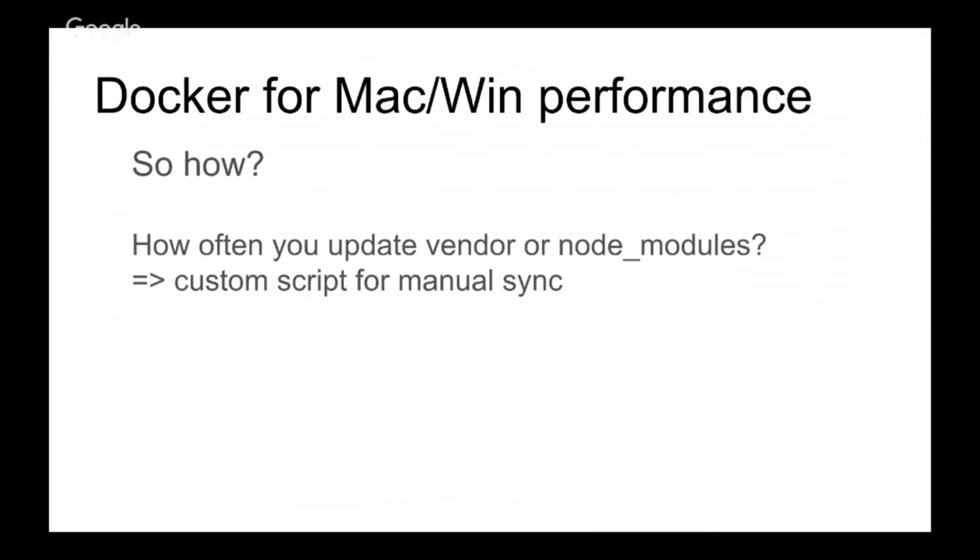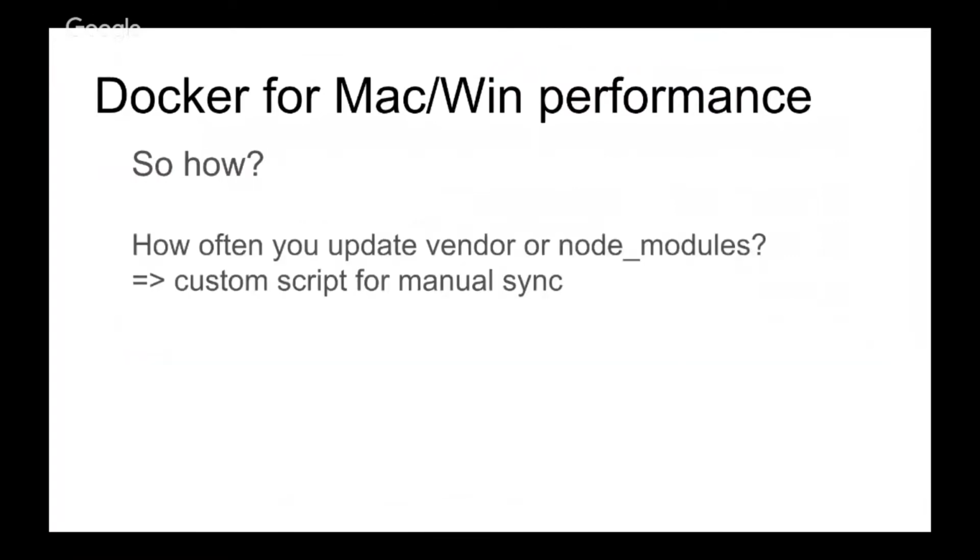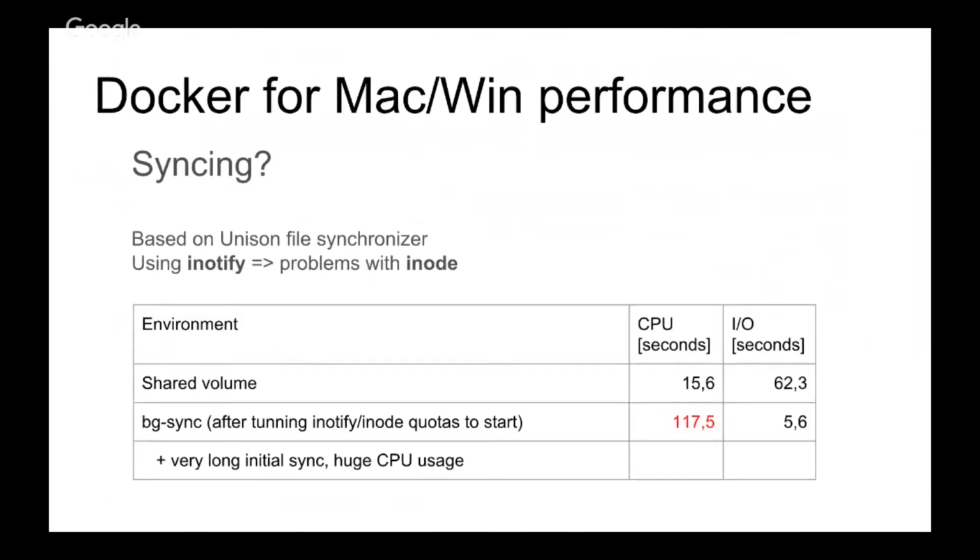and it was because we had about 40,000 files in vendor, and almost the same was for the Node.js part of our project, which also had about 40,000 files, and this was a bottleneck for iNotify.